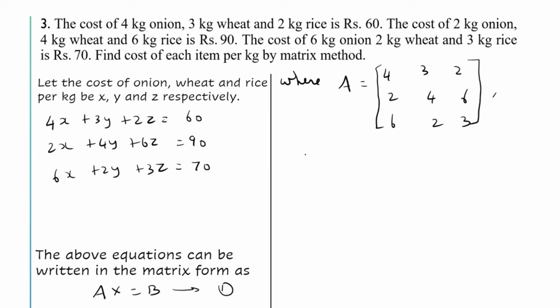Then X is the matrix x, y, z, and B is the matrix containing the constant terms 60, 90, 70.